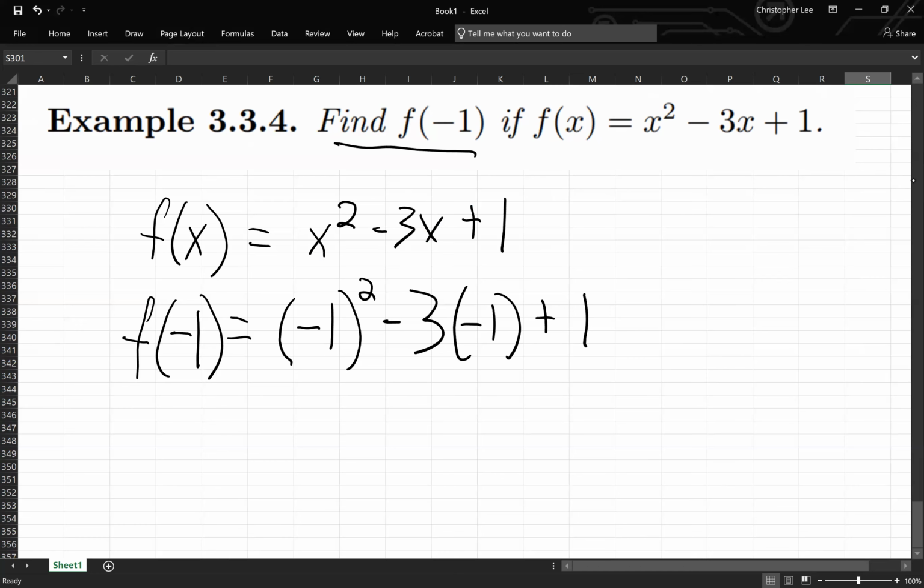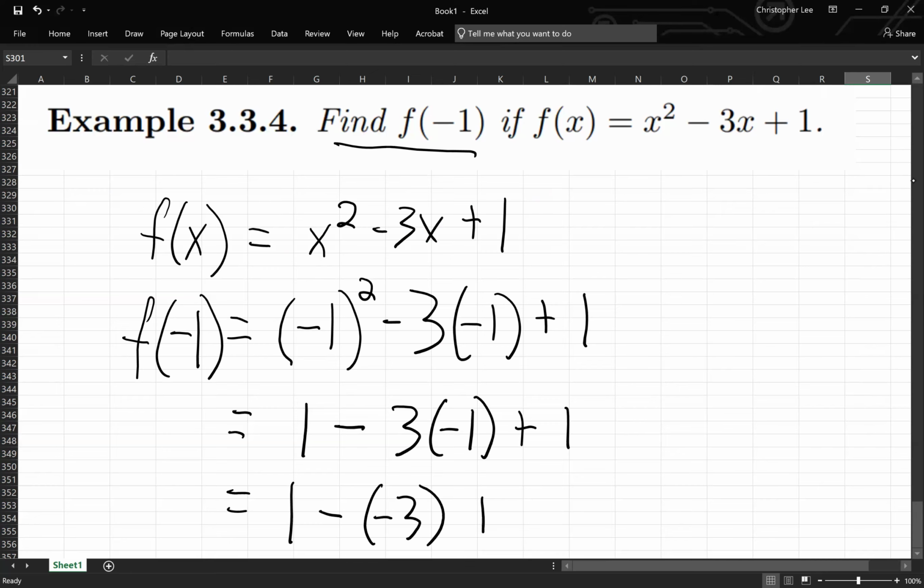So let's do our exponents first. Negative 1 squared is, what's that? Very good, 1. And then I have 3 times negative 1 plus 1. So what is 3 times negative 1? Right. So now I have 1 minus negative 3 plus 1. What's the opposite of negative 3?